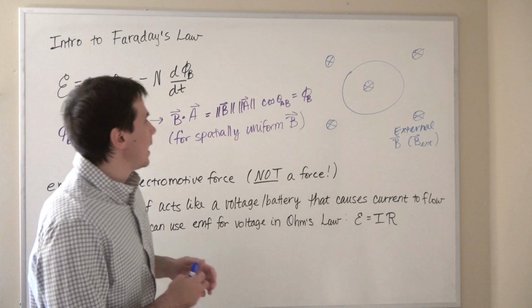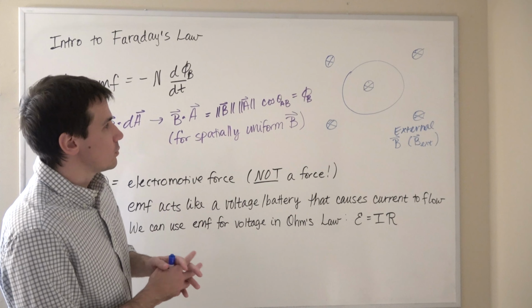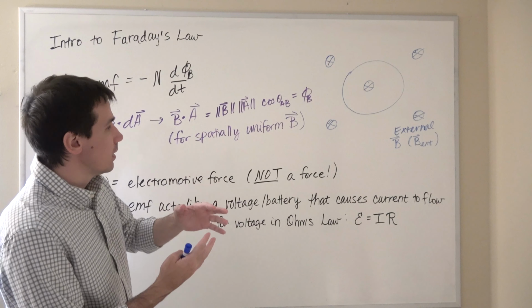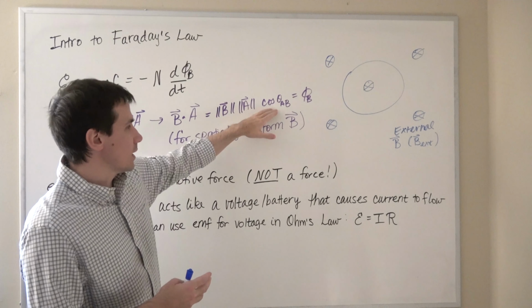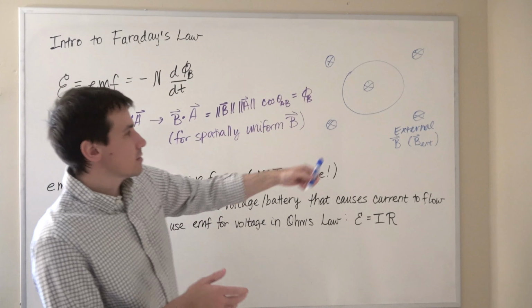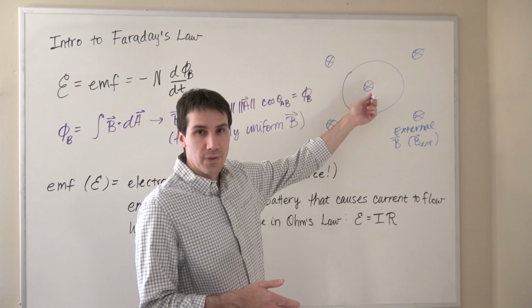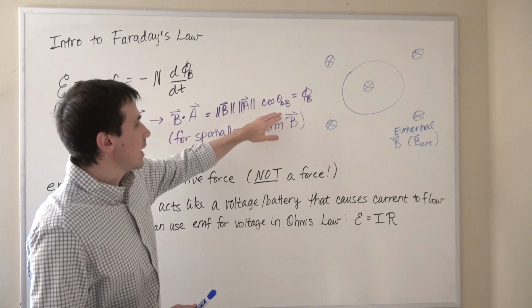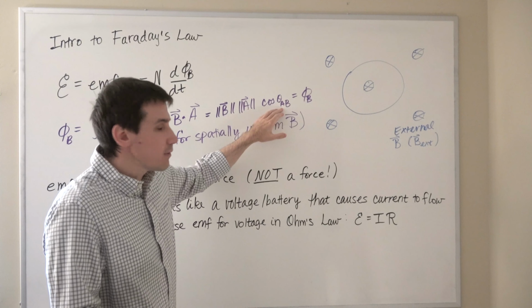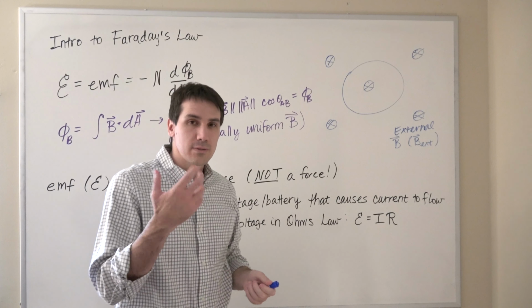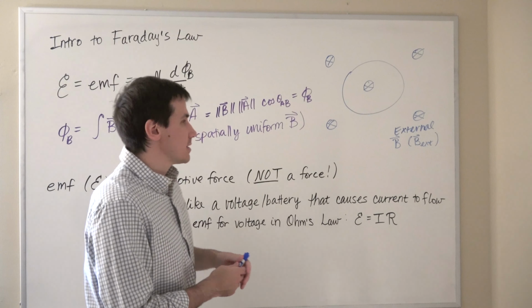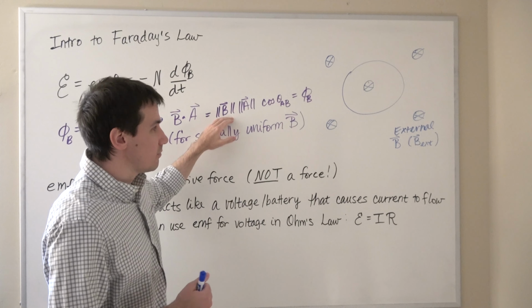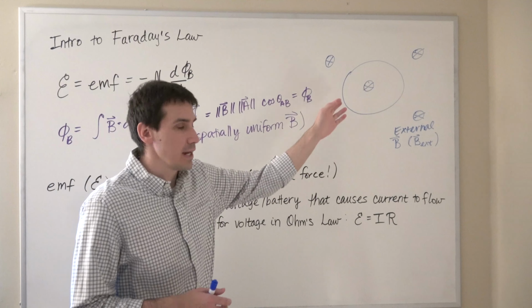Okay, well, so quickly what we could do to calculate the flux here is we can use our shorthand here. Because my magnetic field vector and my area vector point into the board, the angle between those two vectors is 0, and the cosine of 0 is 1. So our flux in this case would just be whatever the magnetic field is multiplied by the area.